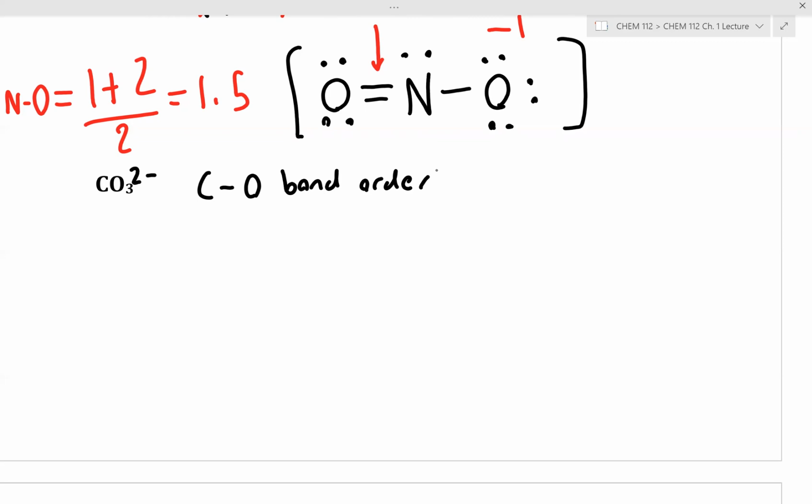Yeah, you already have it drawn correctly. I would recommend drawing your structure with a little bit more respect for the geometry, but otherwise, it's fine.